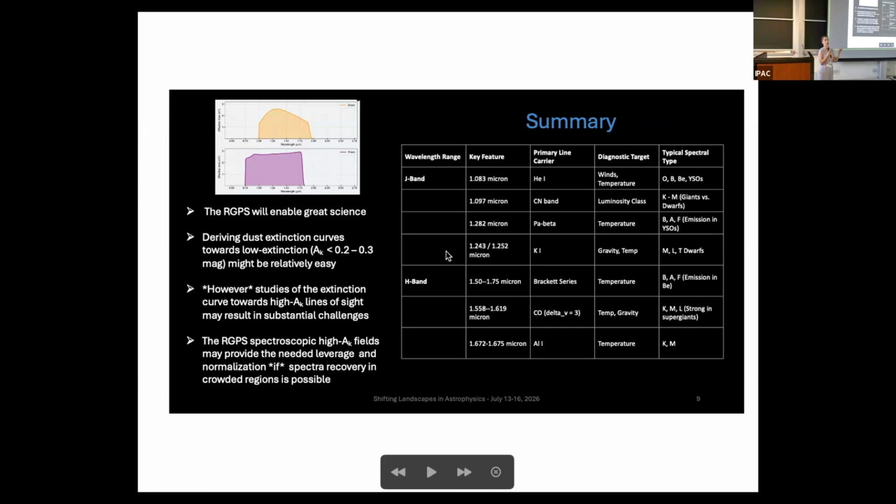However, that relies on our capability of being able to extract the spectra from these crowded fields, which is not a given at all. And in that table, I put a list of lines that we can use to actually derive the stellar parameters, even with the low spectral resolution of the GRISM and PRISM.